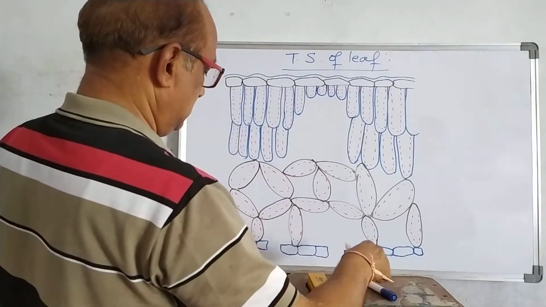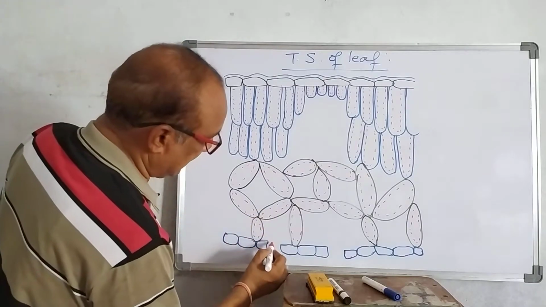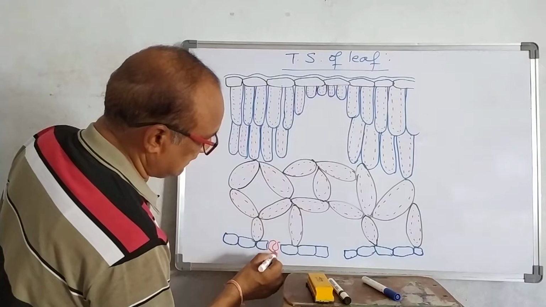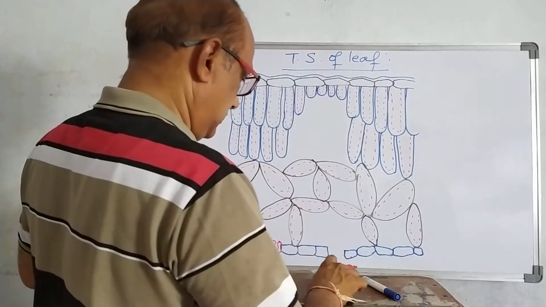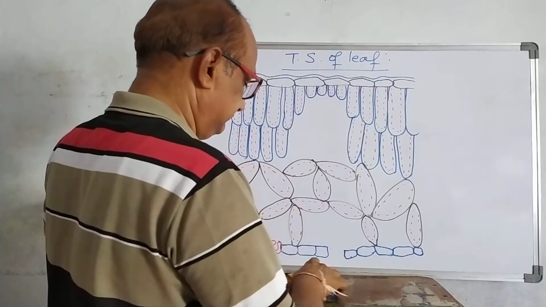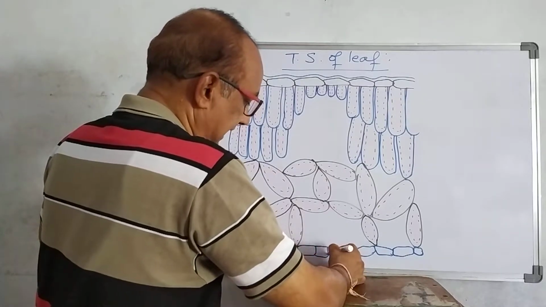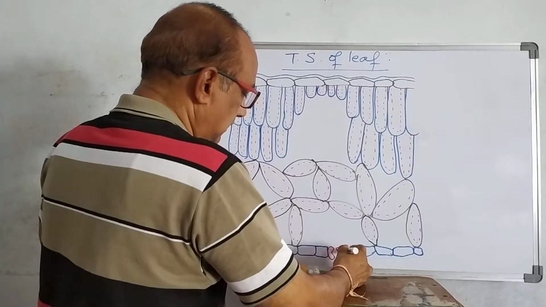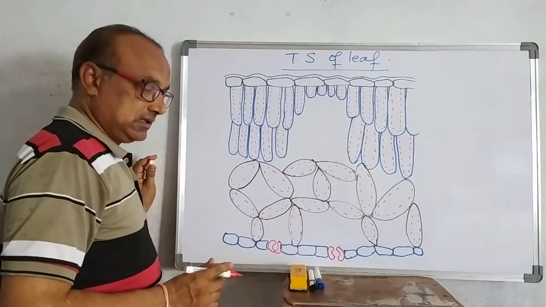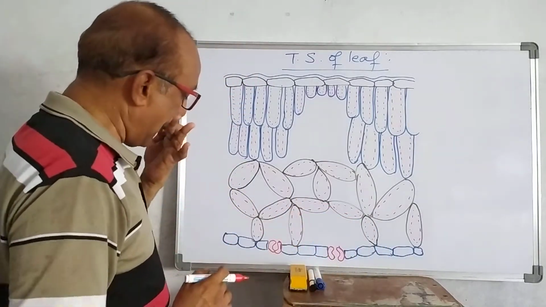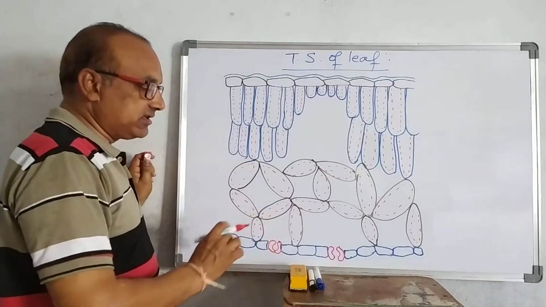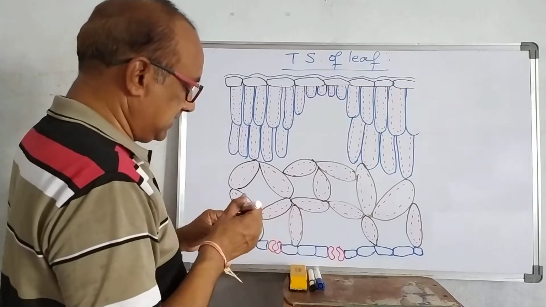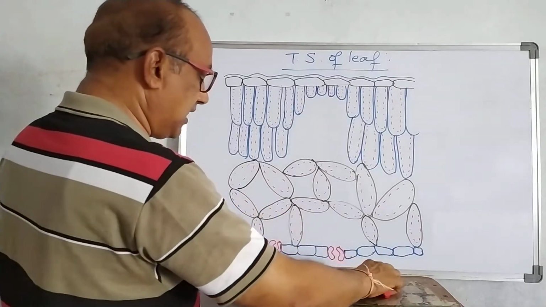Then here you can find the blue colored single layer of cells at the bottom of the diagram having small hole-like interruptions, and they are covered with kidney-shaped cells called guard cells, and the small interruptions or holes or openings are called stomata.